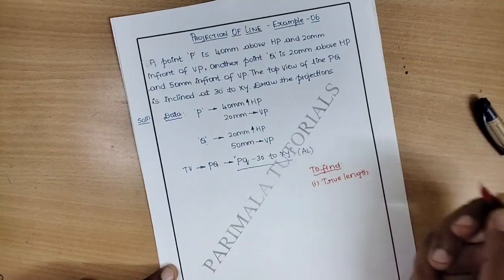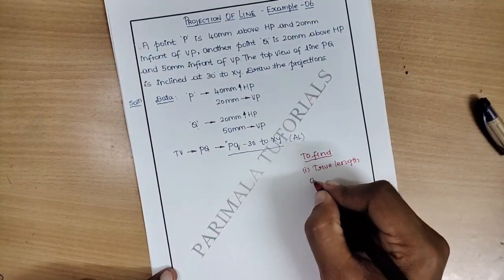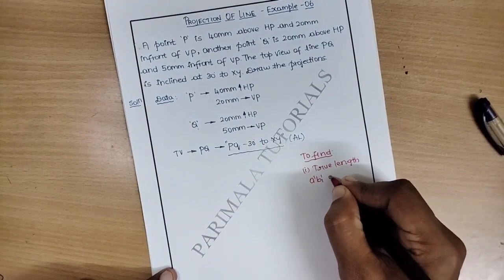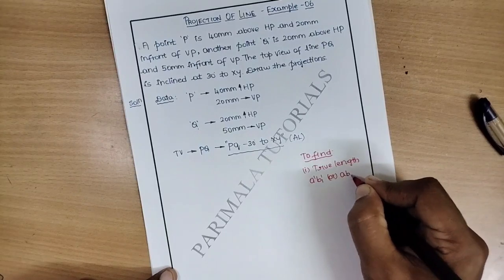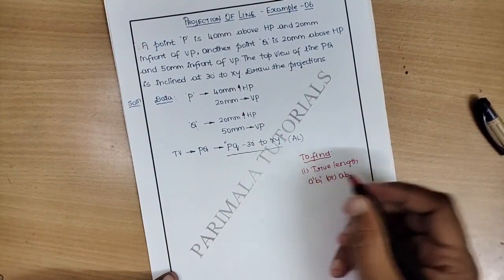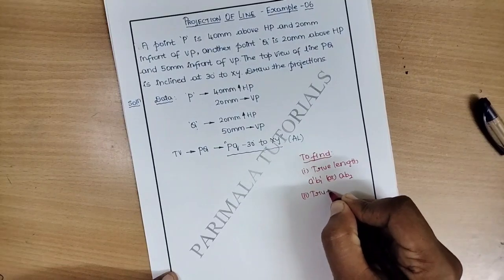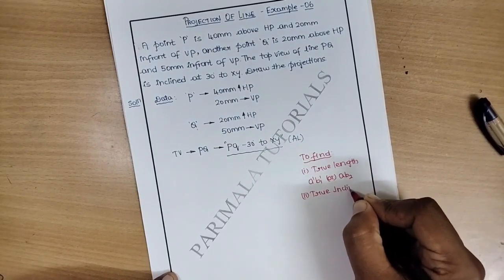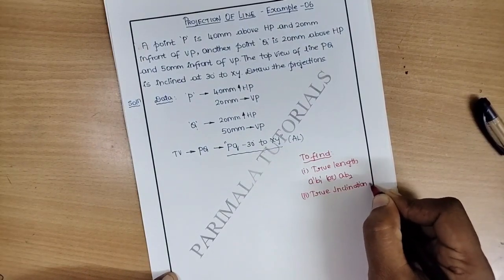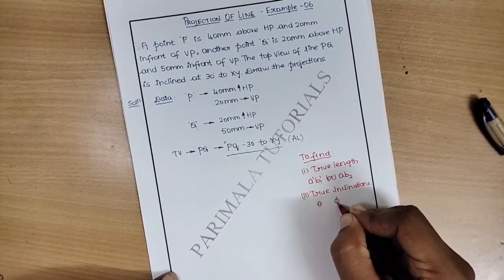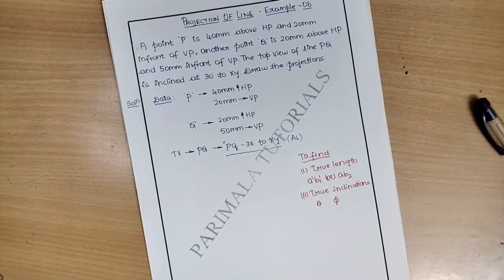True length in the front view and the top view, that would be A1 B1 dash or AB2. Once we find the true length, it is understood that we are supposed to find the true inclinations, that is theta and phi. Theta in the front view, phi in the top view.